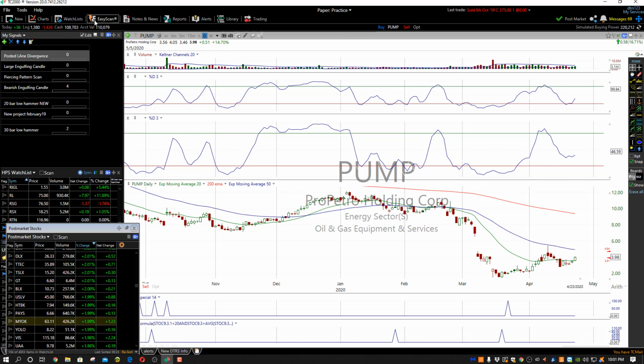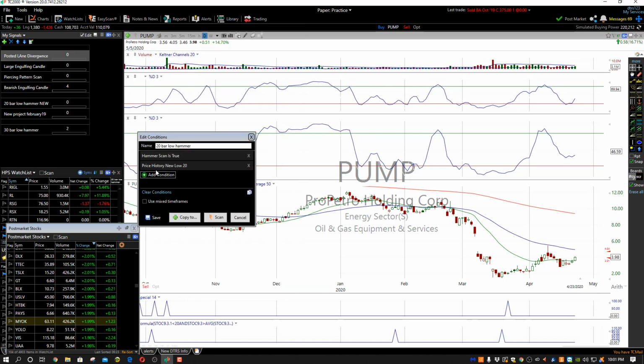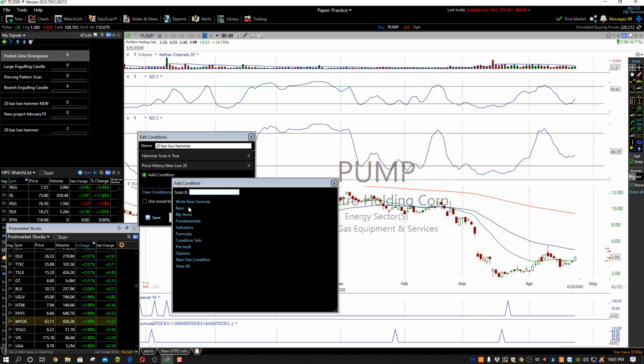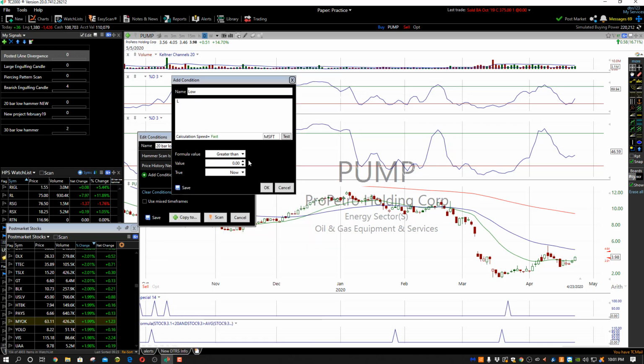But I haven't done a scan on the weekly. So these are all my scans that I always worked on. They just have a formula to go. Let me see if I could show you what they look like. It's pretty easy. You could add conditions, and you write your formula by price, low, greater than, or whatever.